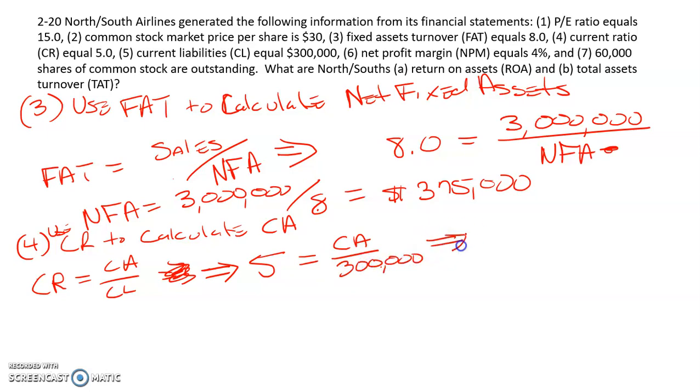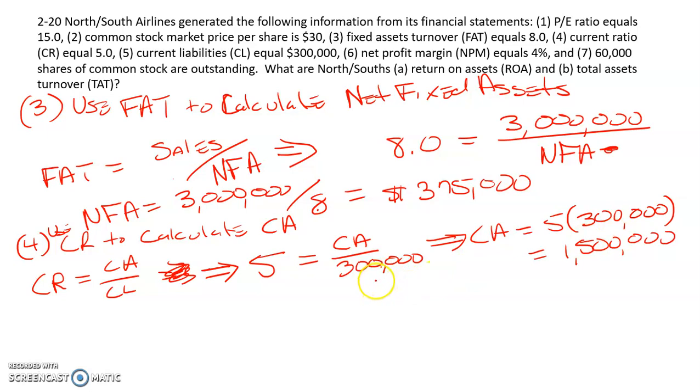So current assets are equal to 5 times $300,000, that's current assets of $1.5 million.